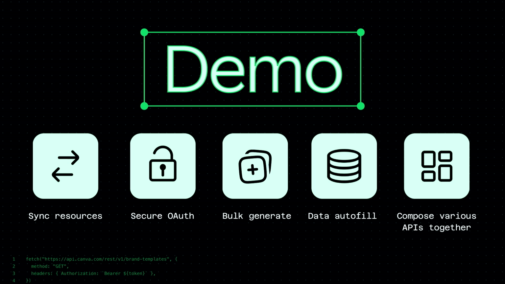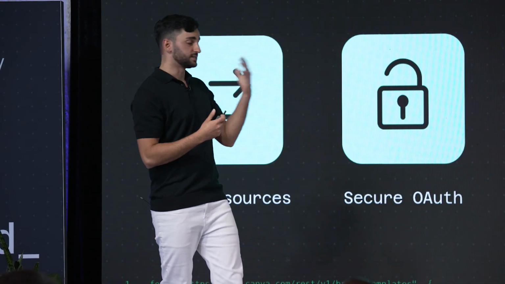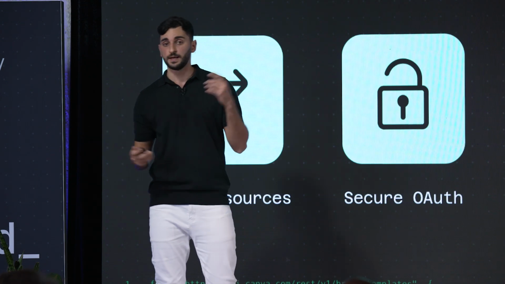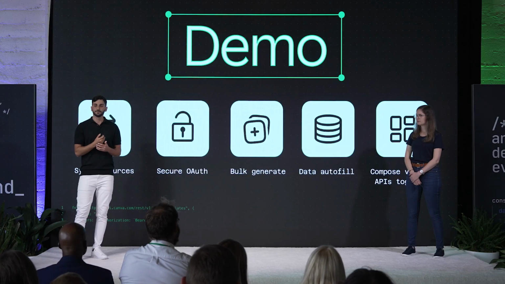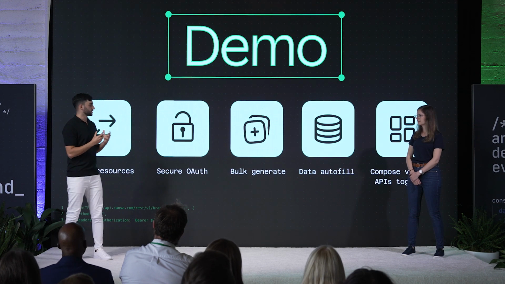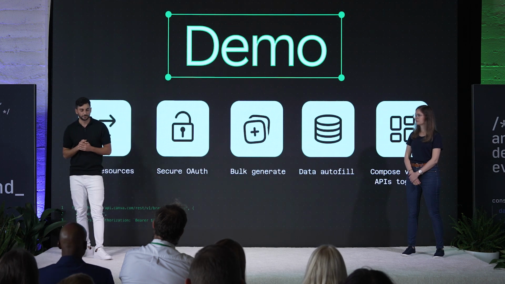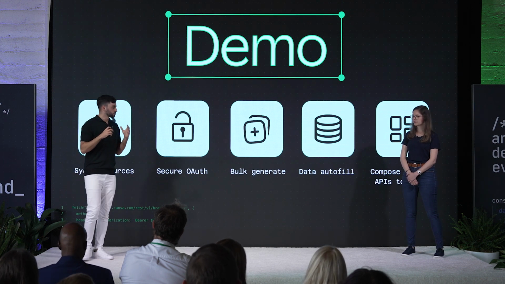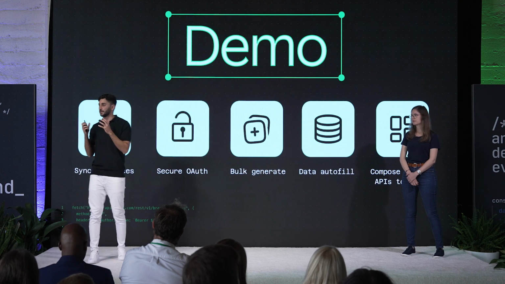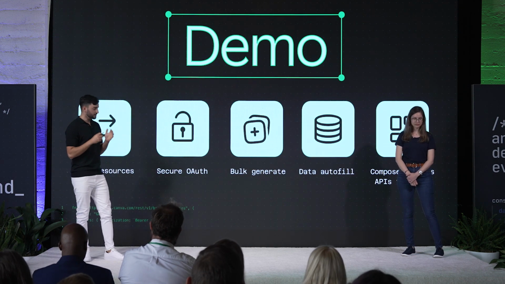This integration and the code for it will show you how you can leverage this powerful API by showing you how you can sync resources between your platform and Canva, how you can implement OAuth in a secure fashion, following all the latest best practices, as well as how to bulk generate and autofill Canva brand templates with data from your platform. But more importantly, this will show you how to compose various APIs together to build a single powerful integration.